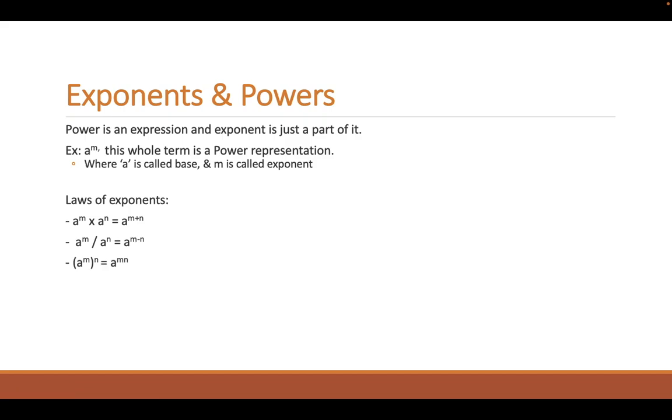Next one, so when it is power to power, then it could also be represented as a simple multiplication, a to the power mn. This is saying a different property where the exponents are same, you can multiply the bases.